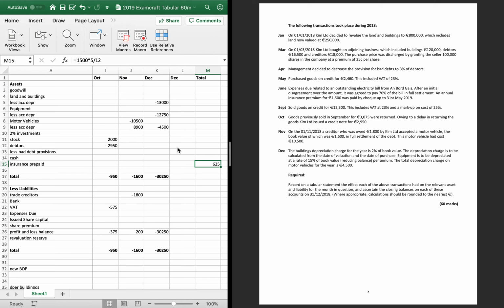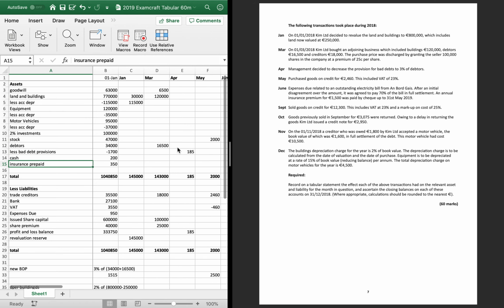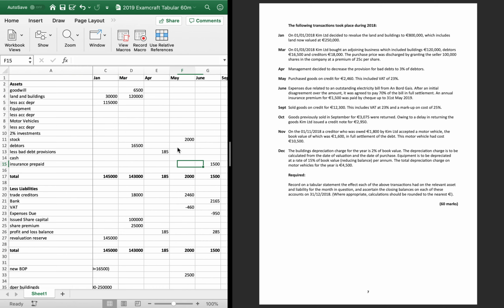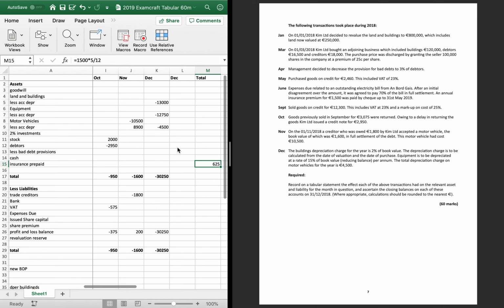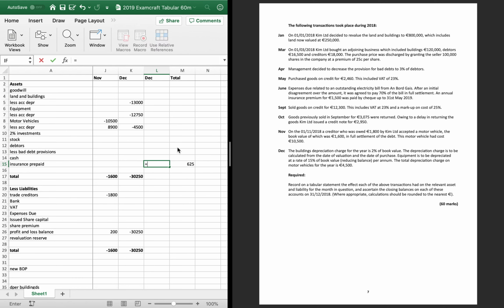So then it's how do you get to 625 from what we have? So we started off with 350. We paid our 1,500, so that's 1,850. So how do we get from 1,850 to 625? You take away 1,225 from that, and that'll give you your 625 when you total it.